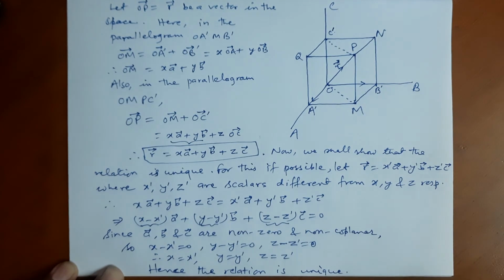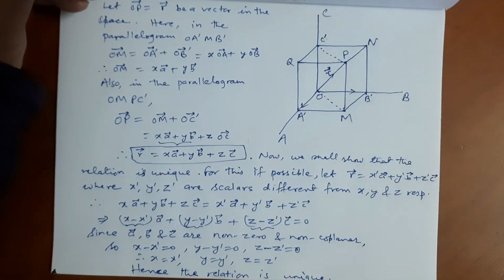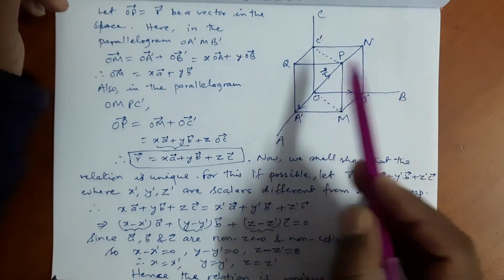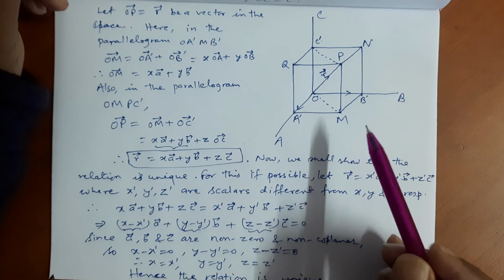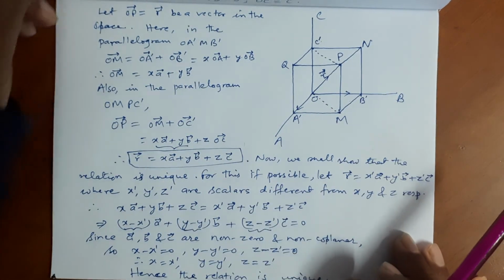Okay, in this way, we have discussed three-dimensional vectors and the decomposition of vectors in space. Not to make this video lengthy, I have not written details at length. I have explained it in a short way and then proved it.